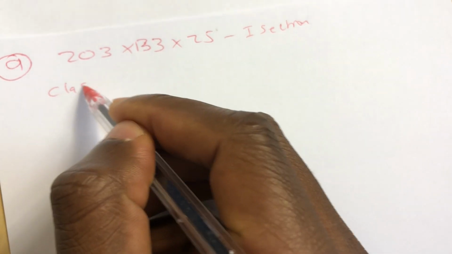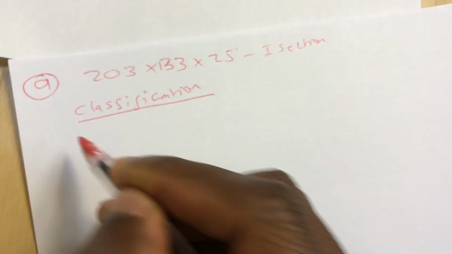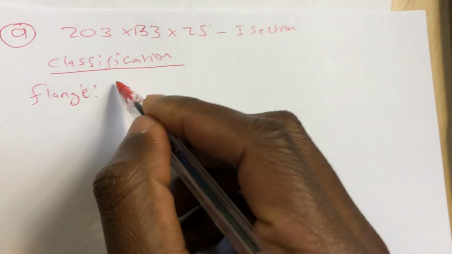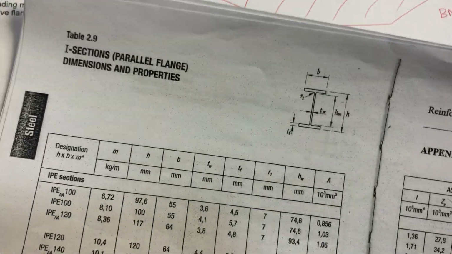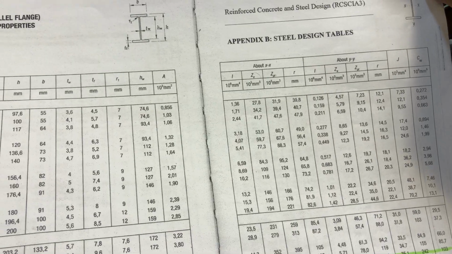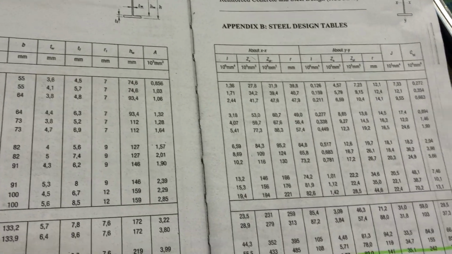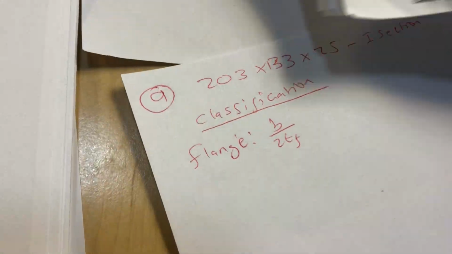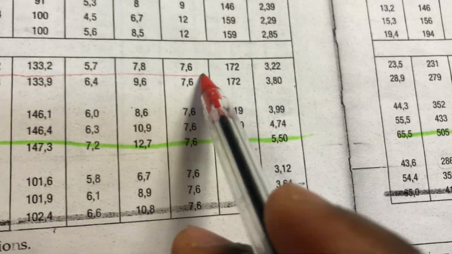So classification. We have the flange, which will be b over 2tf. You look for your I section on your steel design table. This is the section that we're going to design for. I'm going to highlight it in red.